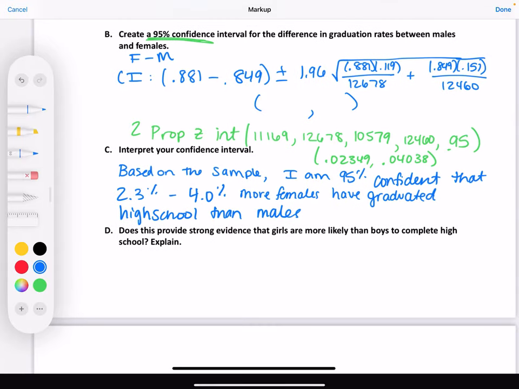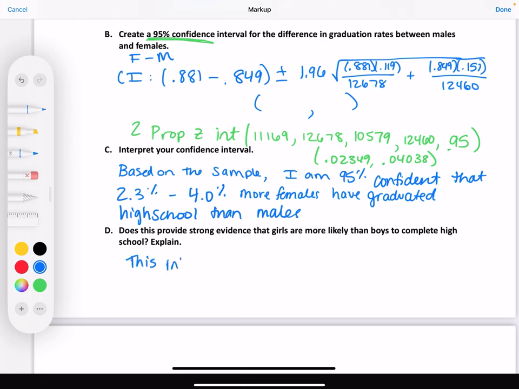And then, does this provide strong evidence that girls are more likely than boys to complete high school? So, this interval is completely above 0, so none of it is negative.